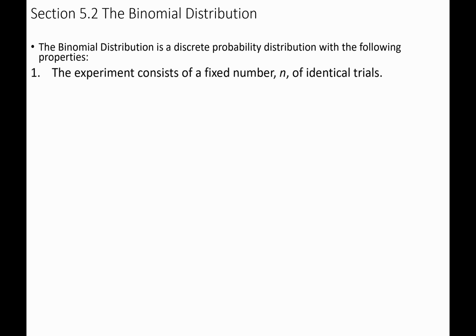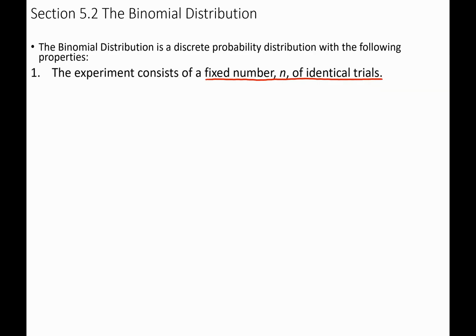The experiment consists of a fixed number of identical trials. And we just use the generic N for number of trials. N in the past has been our sample size, our total number of data values. Now in this case, N is our total number of trials.